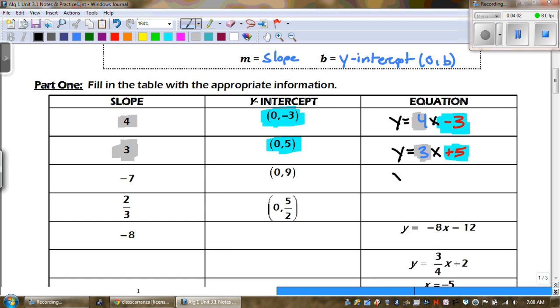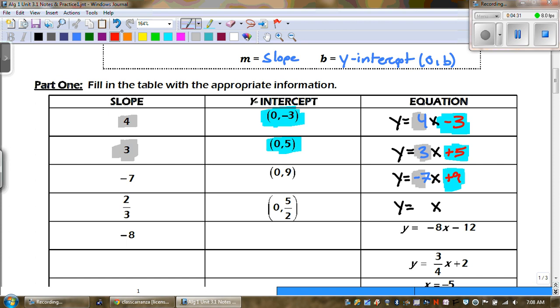I've got two pieces of information, so I need my slope and I need my y-intercept. What's the slope? Good, the slope is -7, and our y-intercept is +9. So all we're doing is just filling in the blanks.